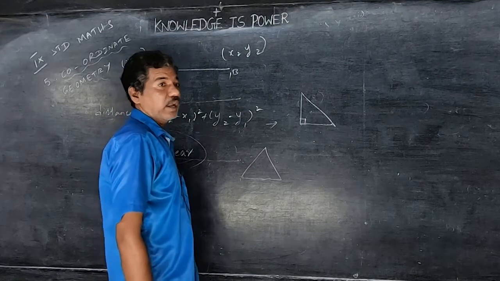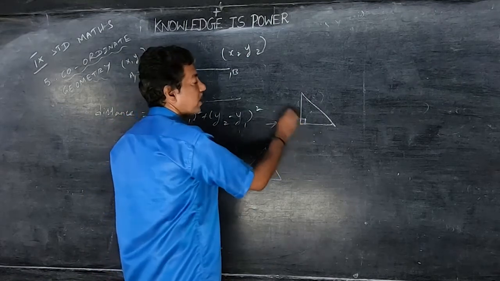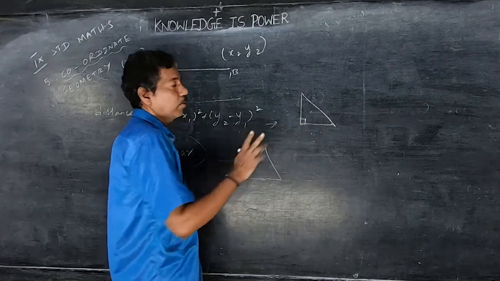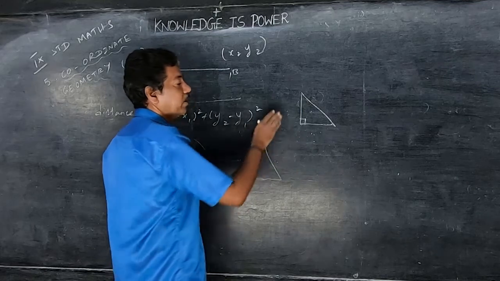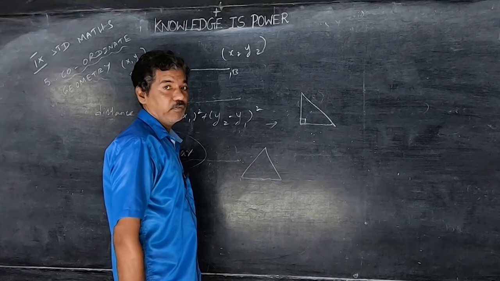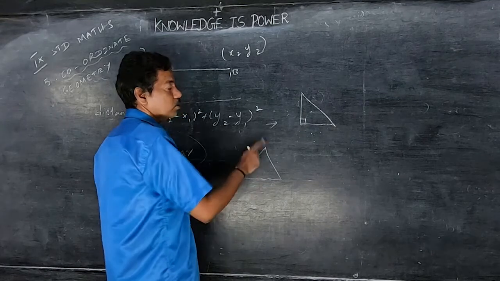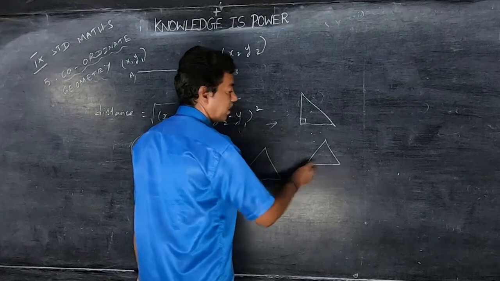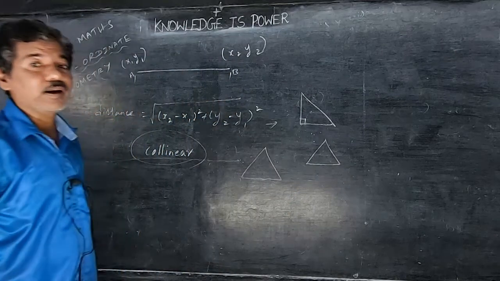Isosceles triangle is what? Two sides are equal. Out of the 3 sides of the triangle, 2 sides will be the same. Can you follow that? Okay, equilateral triangle, you would have studied this point. Equilateral triangle means what?